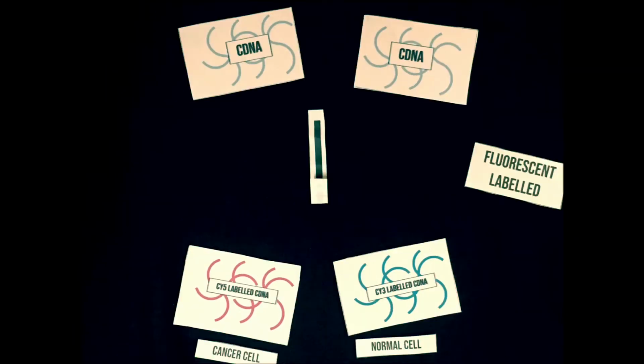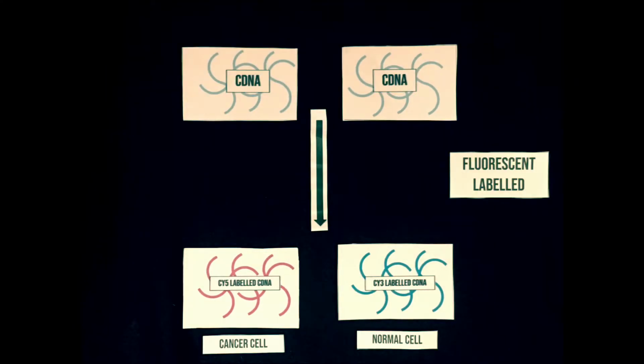This process is by using the enzyme that is known as reverse transcriptase. To distinguish the pools of the cDNA, the molecules are fluorescently labeled red for the tumor-derived pool and green for the cDNAs derived from the normal tissue.